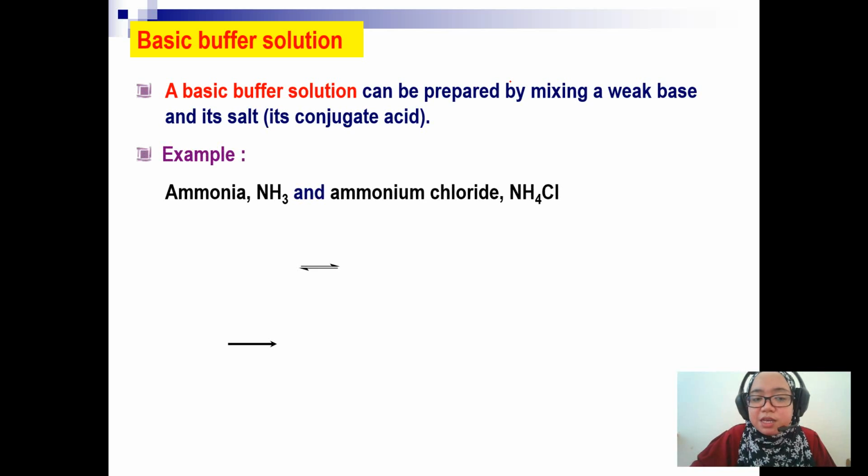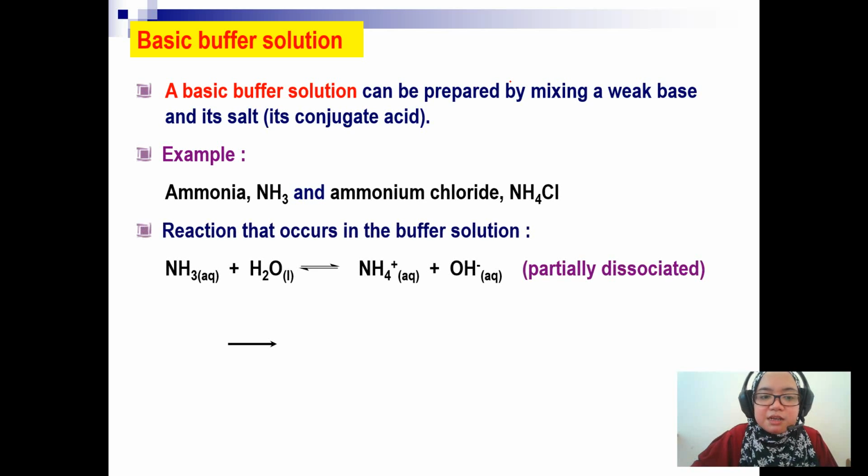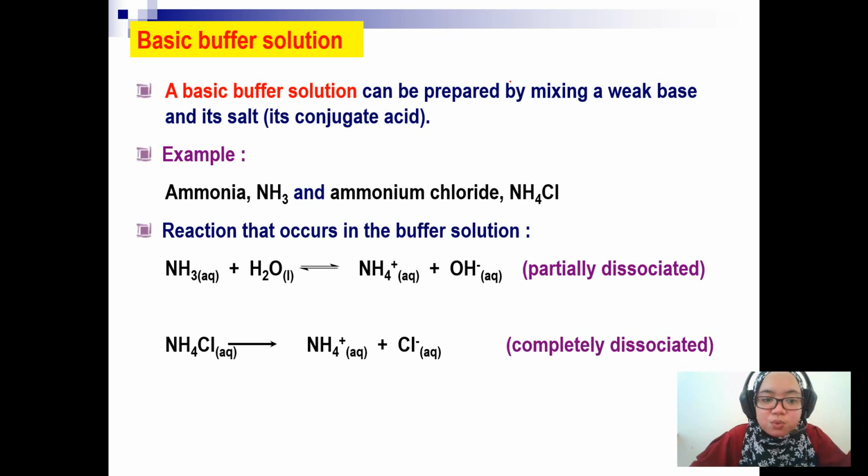So since ammonia is a weak base, the weak base will partially dissociate, okay, to form NH4 plus and OH minus. Okay, and since ammonium chloride is a strong electrolyte, it will completely dissociate to form NH4 plus and Cl minus ion.